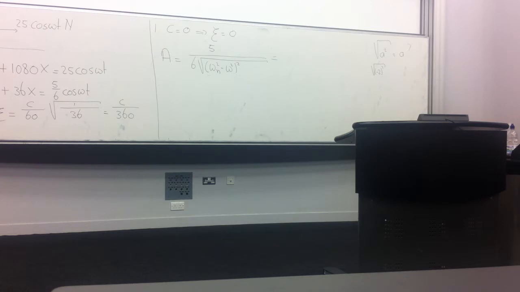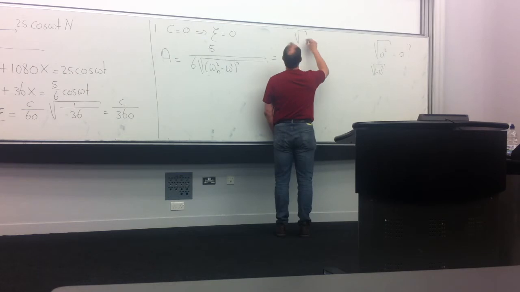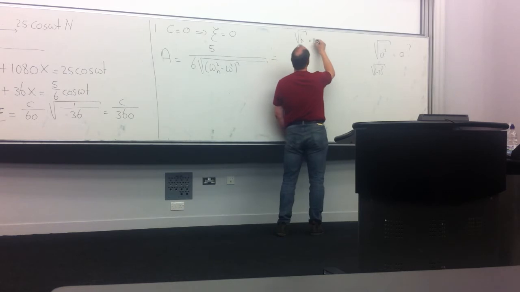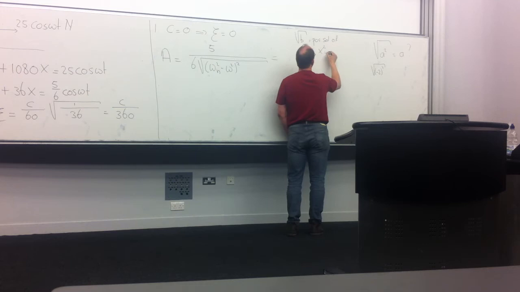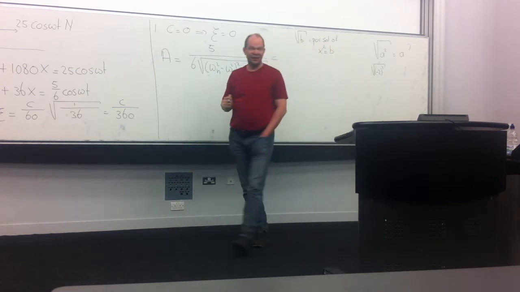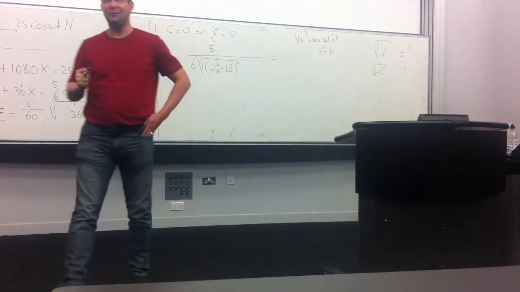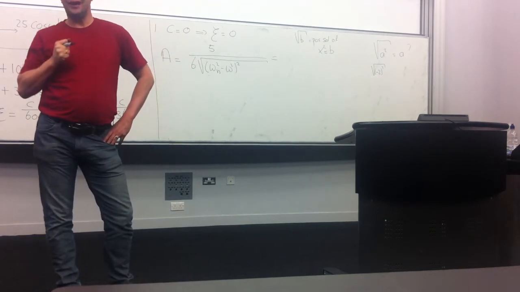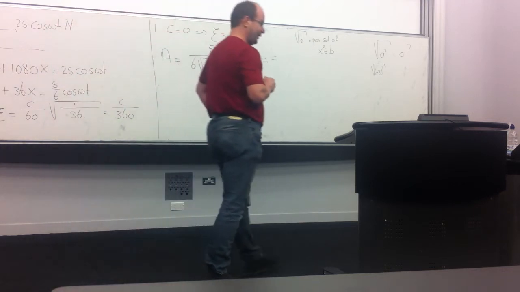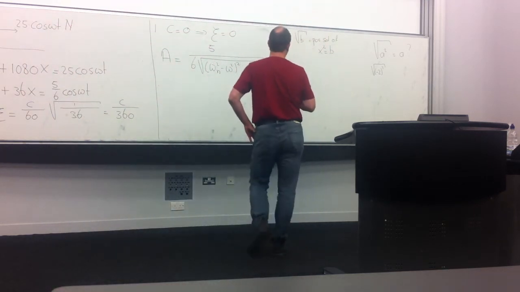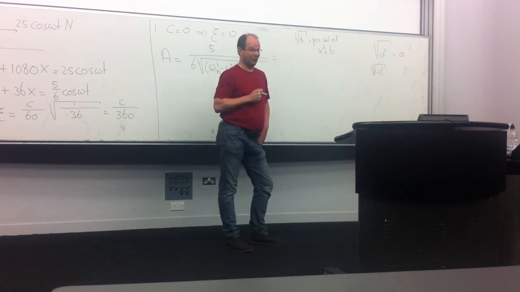The square root of b is defined as the positive solution of x squared is b. That's the definition of the square root of b. So the square root of minus 2 squared is the square root of 4, the positive solution of x squared is 4, which is 2.